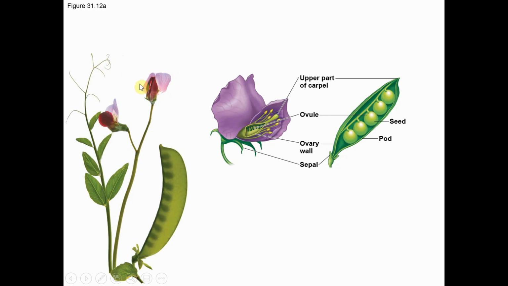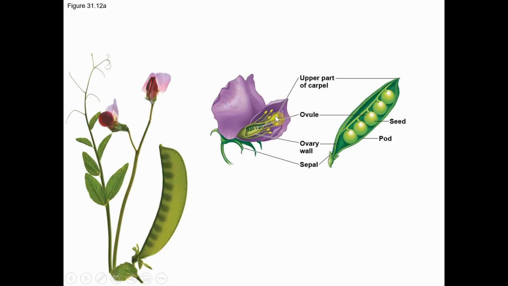And then the reproductive structure, their flowers. If you zoom in on those here, they have the nice brightly colored petals to attract the pollinators. Pollinators will want to move the pollen from these tiny little yellow things here. Those are the stamens to the stigma of the carpel right here.